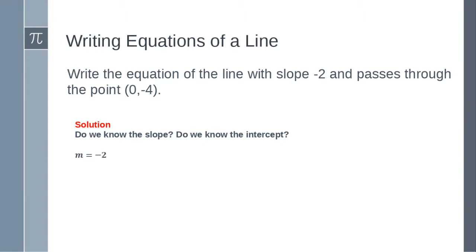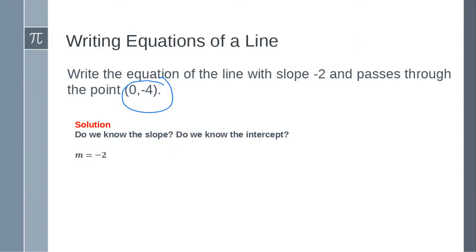Do they tell me what the intercept is? Do they say the y-intercept is this or this? They don't, right? However, do they give it to us? I know that seemed kind of a weird question because I'm basically asking the same thing. But what do we know about this point right here?